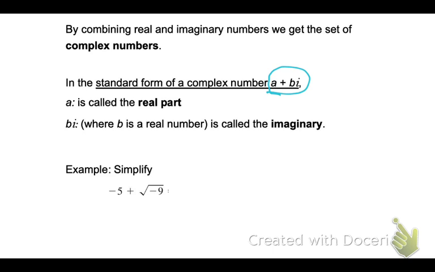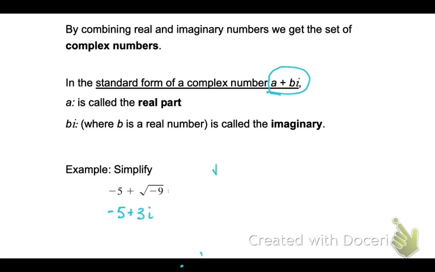So we have a plus bi. Down at the bottom I have -5 plus the square root of -9. It says simplify. Well, what is the square root of -9? Plus 3, minus 3. The square root of 9 is 3, but what about that negative? 3i. So -5 plus 3i.